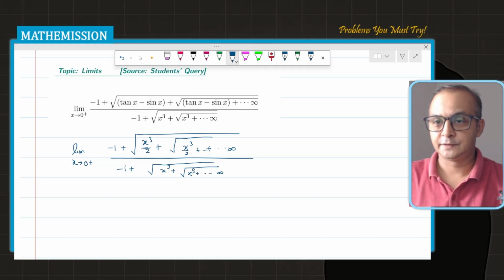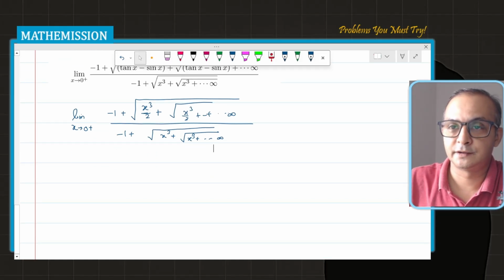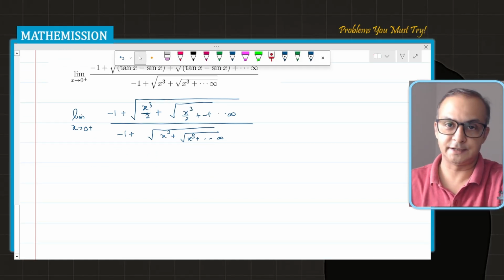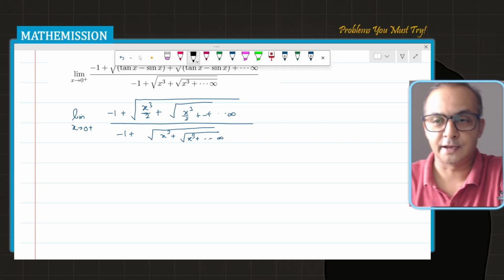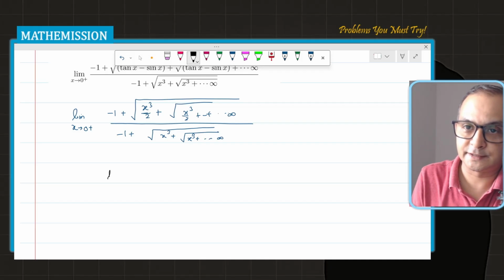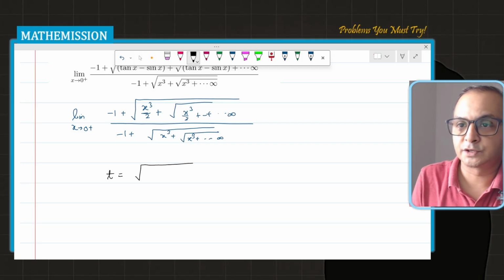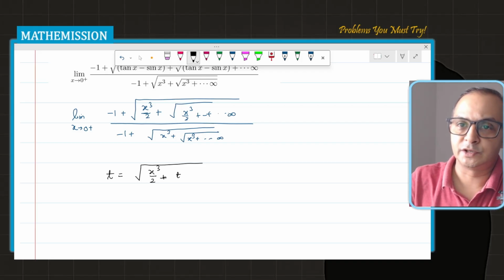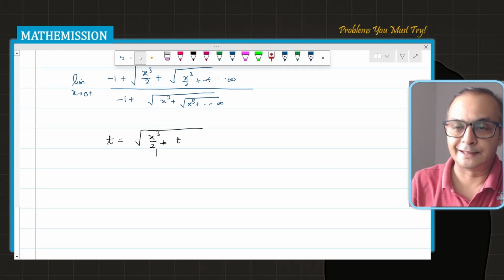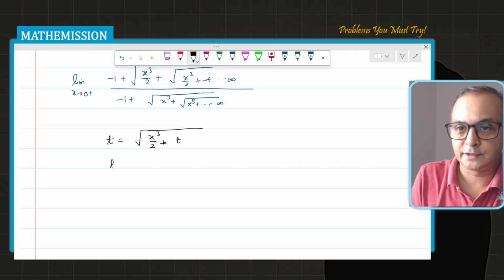The idea is that I have two different nested square root series. So for that, I'm taking the first one as t, let us say. t I'm taking as the square root of x cubed by 2 plus t. You have done this kind of question many times, so it's not an alien thing for you. You can square it.